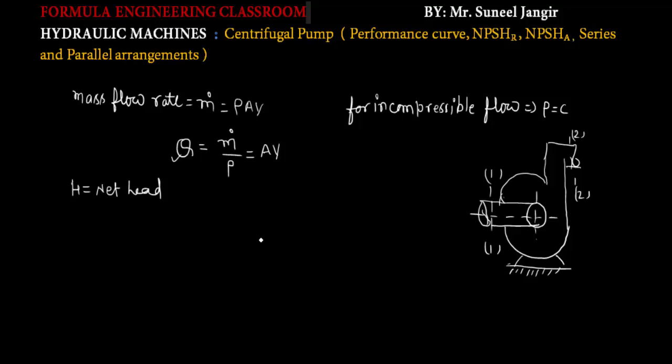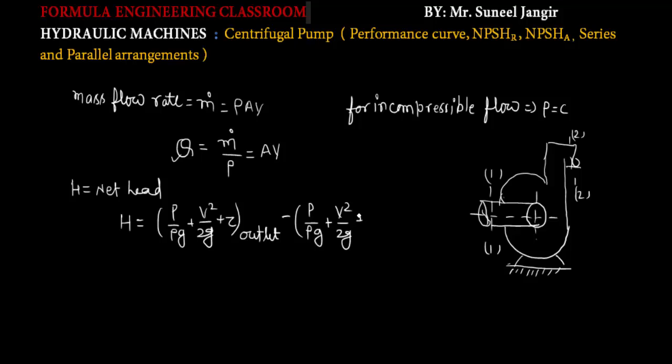So the net head we can write as the Bernoulli head at the outlet, P by rho g plus V square by 2g plus Z at the outlet, minus the head at the inlet, P by rho g plus V square by 2g plus Z at the inlet.